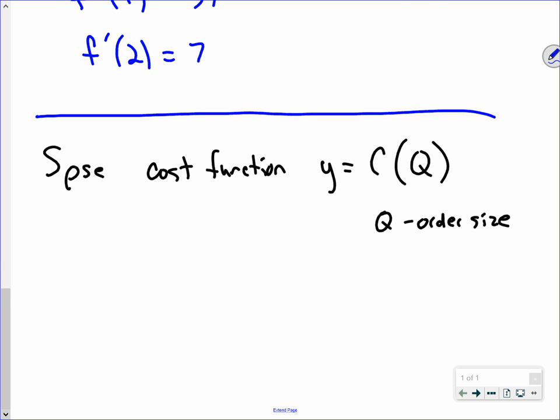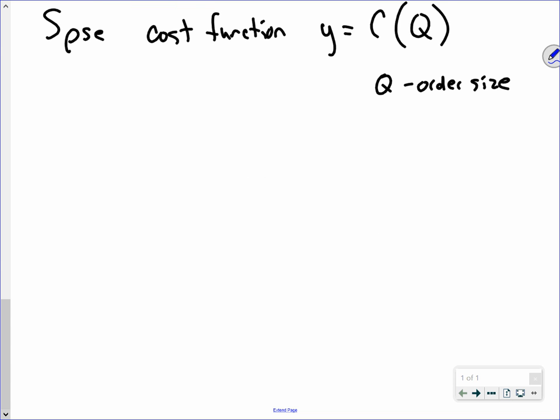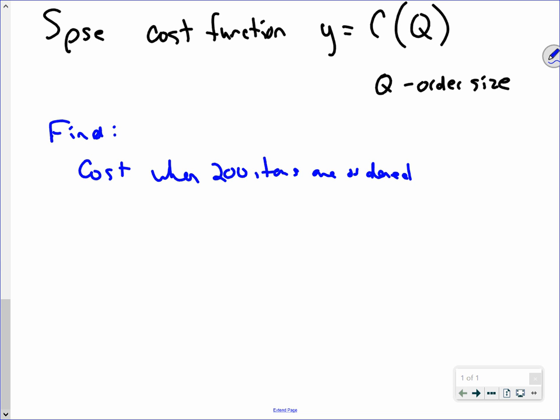All right, so let's look at some questions you might be asked. You might be asked to find the cost when 200 items are ordered. And what you would do is you would take the cost function and you plug in 200, and you would find that answer.